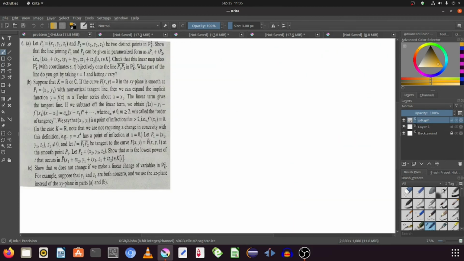So now check that this map is one-to-one, bijective. I haven't done that.